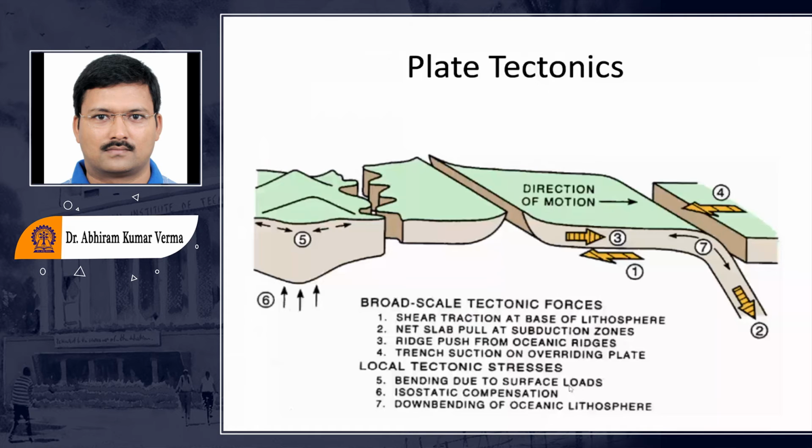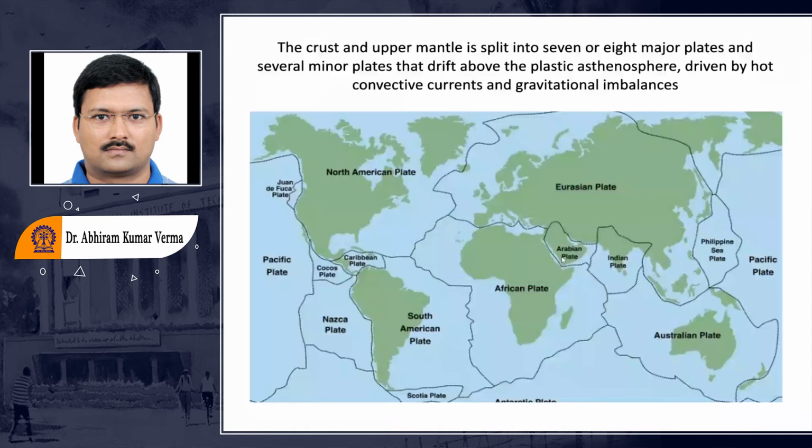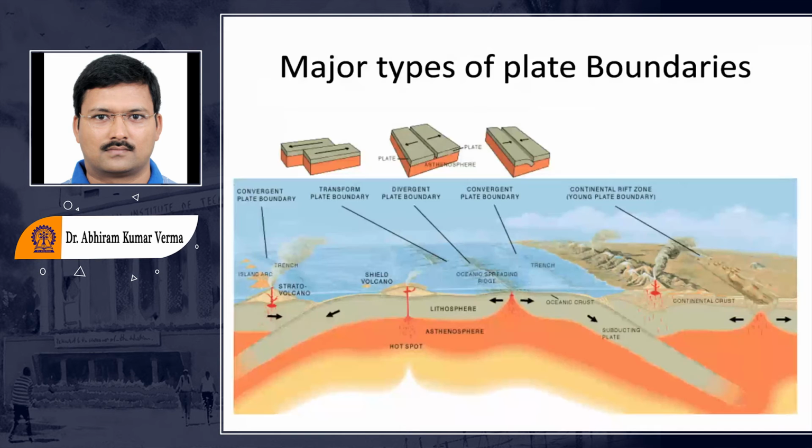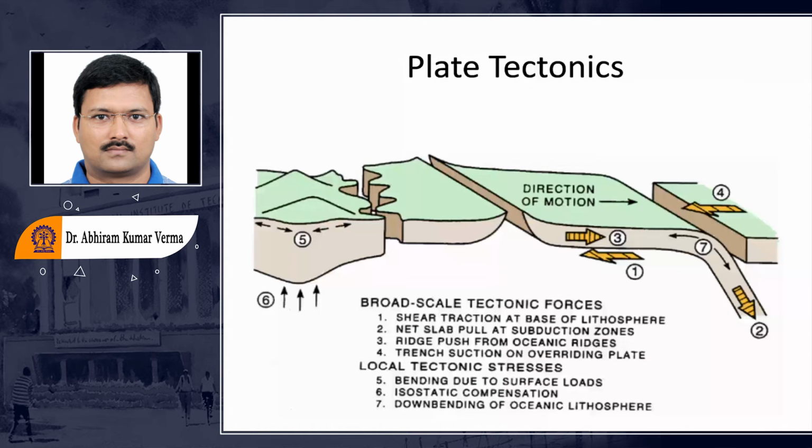Some of the details about the reason for the development of horizontal stresses: I'm talking about plates. I'm not going into that, this is just for your interest, so that you can go into that. A lot of material is already available. Plate tectonics is the reason why the horizontal stresses are developed, and why the horizontal stresses are more than the vertical stresses.